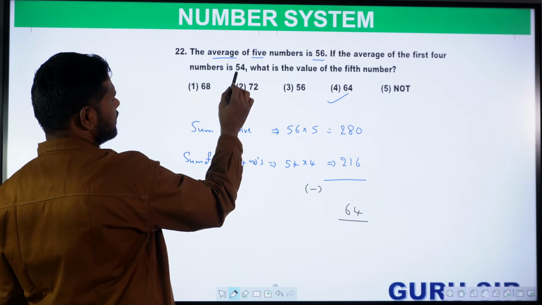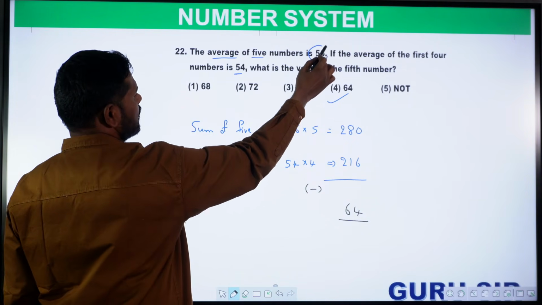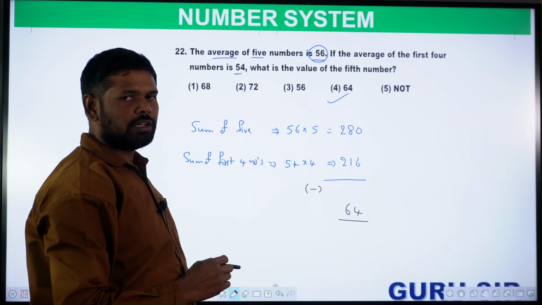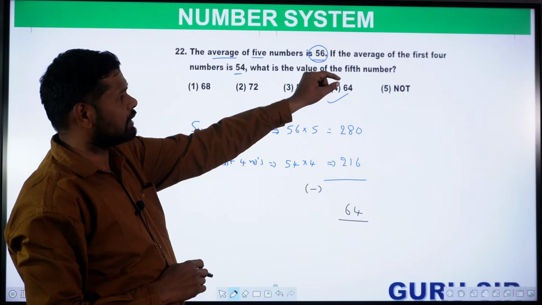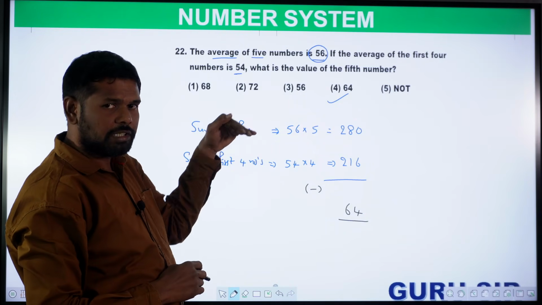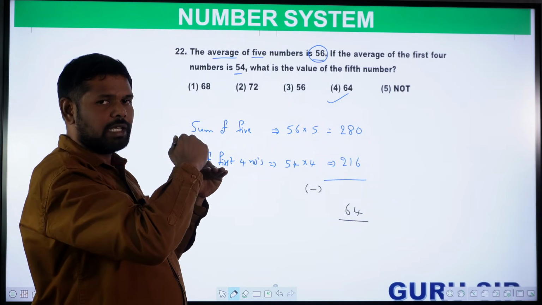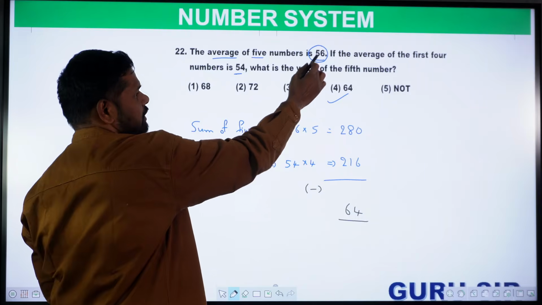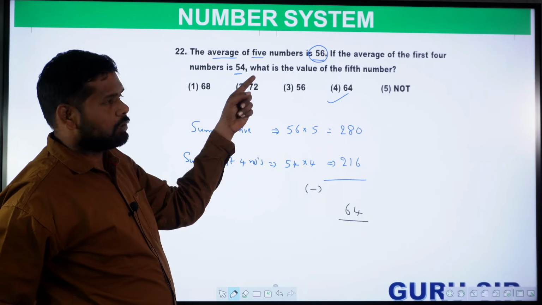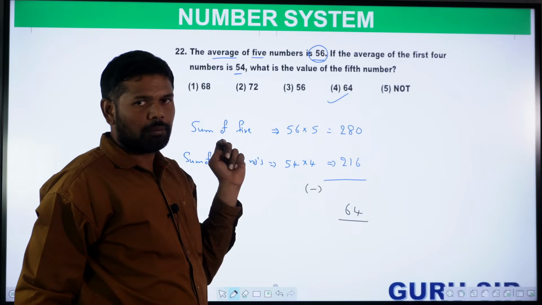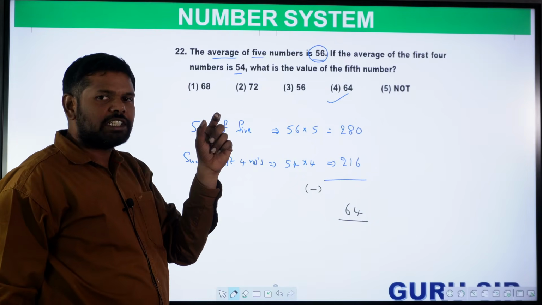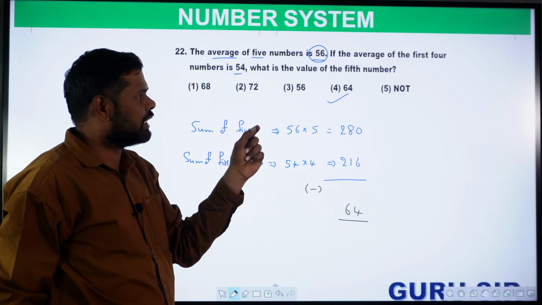4 numbers average is 54. Here, actual original average is 56. Means definitely whatever the removing number, so one number is removed. Because of that number, average means reduced. That number is definitely greater number than this average. How much it is reduced, means 56 and 54, 2. How many numbers are there? 4 numbers. 2 into 4. Variation is how much? 2 into 4. 8 is the variation.